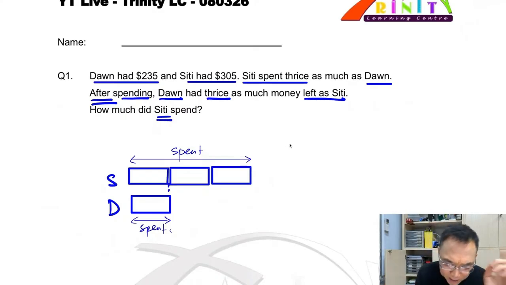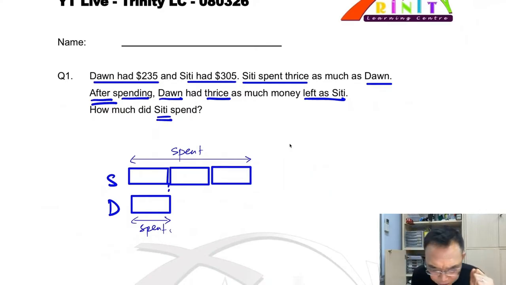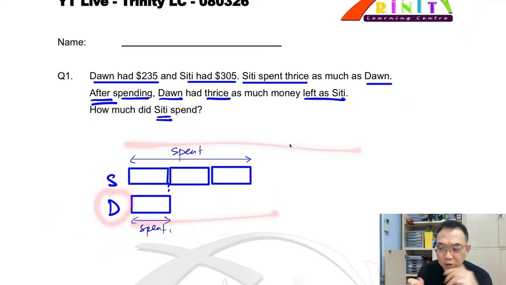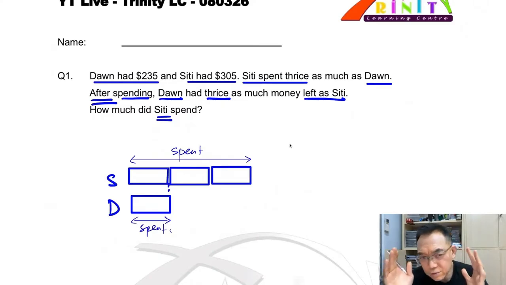And since spent and left are different things, the size of the model for left can either be smaller than this, or it can be bigger than this. It shouldn't be the same size. But my question is, should it be smaller or bigger, given that in the end, Siti has to still be more than Dawn's total? Shorter or longer than this for each model of the left? Use your logic. What do you think?